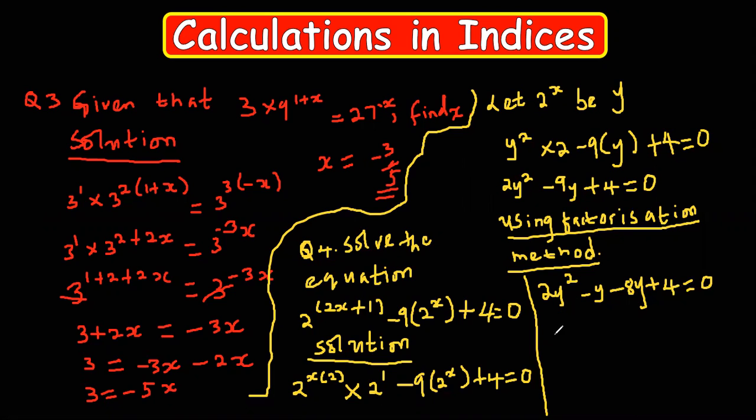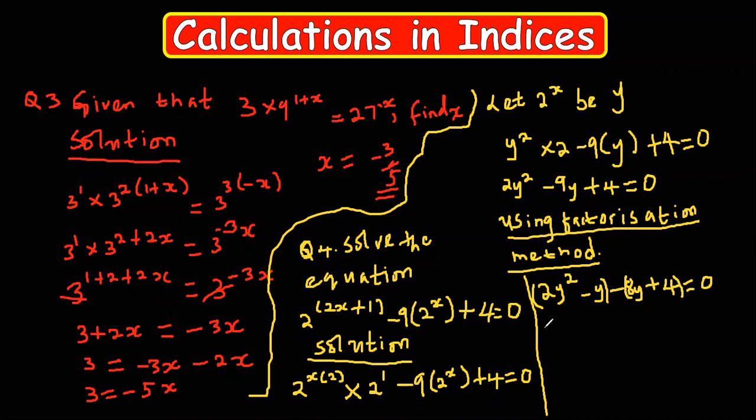So to simplify, we simplify this, and then you simplify this too. We have 2y squared, so we can put this into brackets as well, and then we simplify.